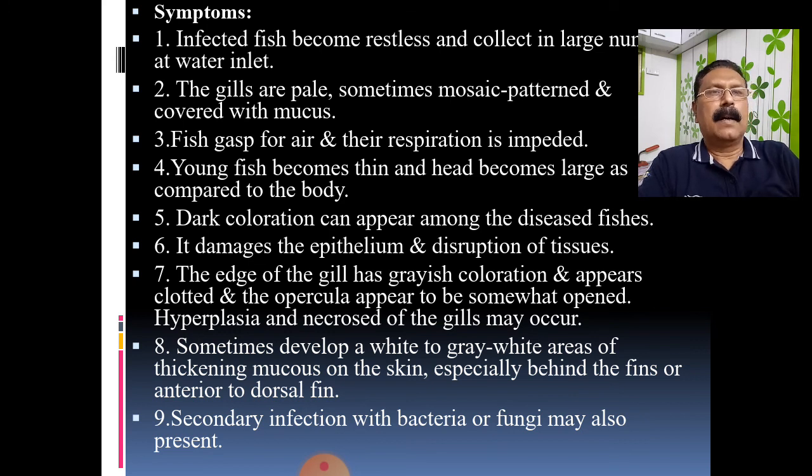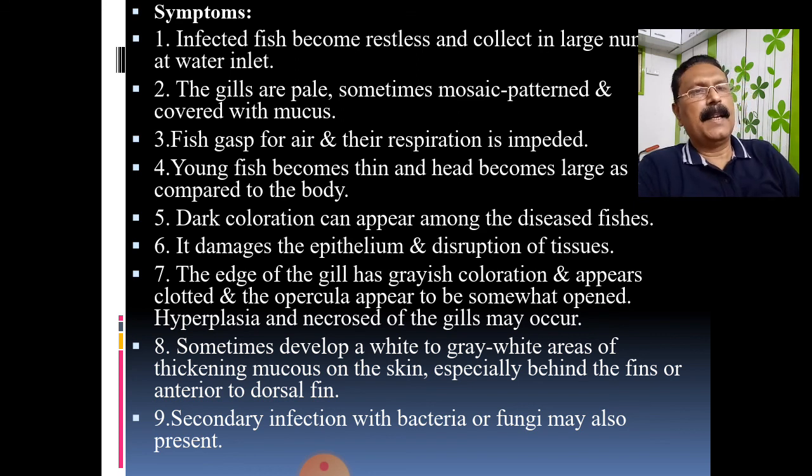With the infection, fish will become restless and frequently come to the surface, frequently come to the inlet, frequently come out of the surface of the pond. If the fishes are smaller, the head becomes larger than the body size, and sometimes wounds may occur on the skin of the fishes.